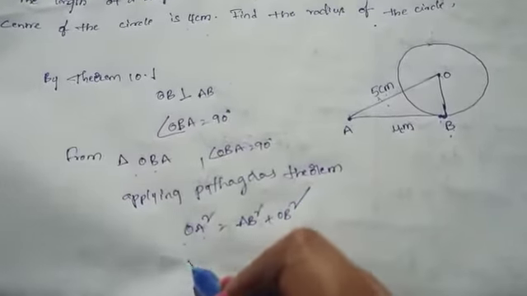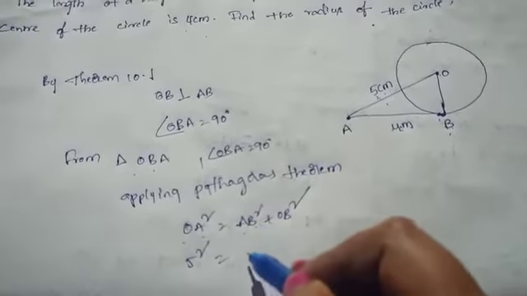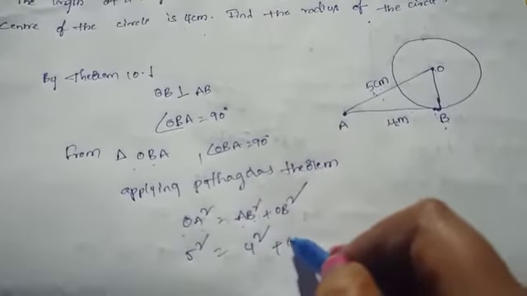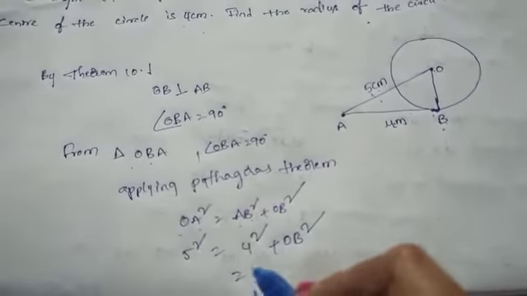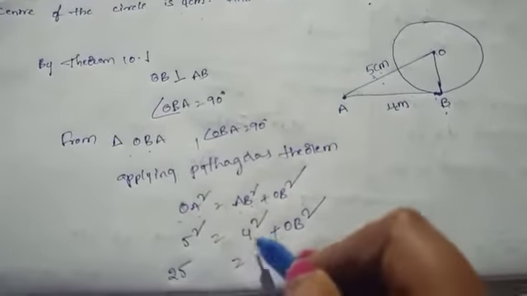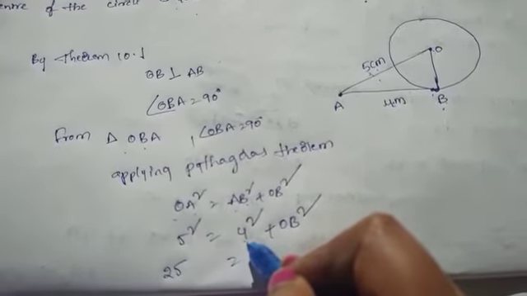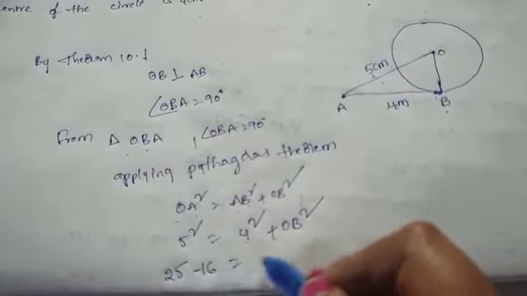OA square equal to AB square plus OB square: 5 square, 4 square, OB square. 5 square is 25, 4 square is 16, 16 comes to this side minus 16.